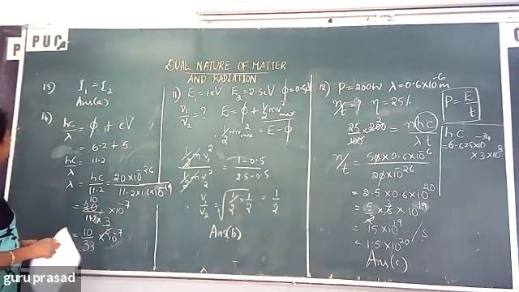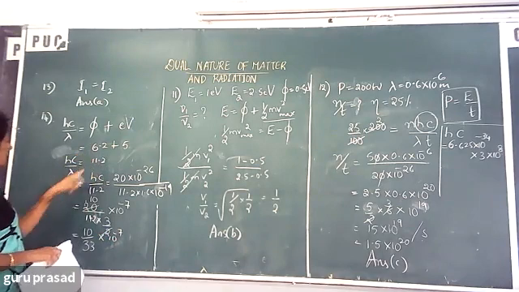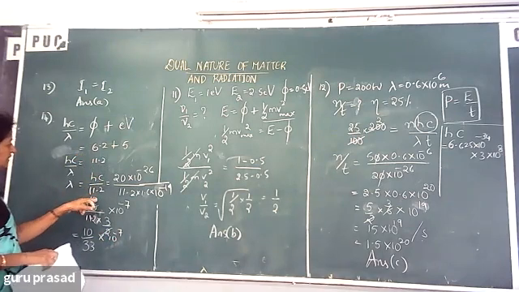Any mistake we made here? It's 5 plus 6, 11.2. Lambda is HC by 11.2.